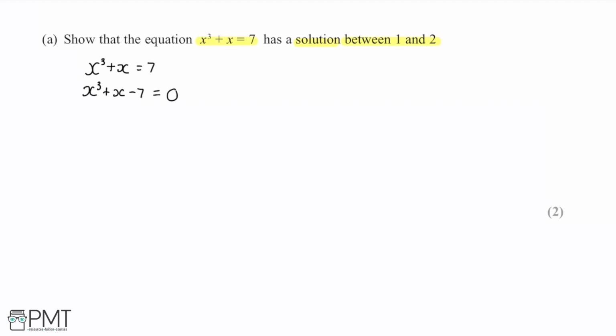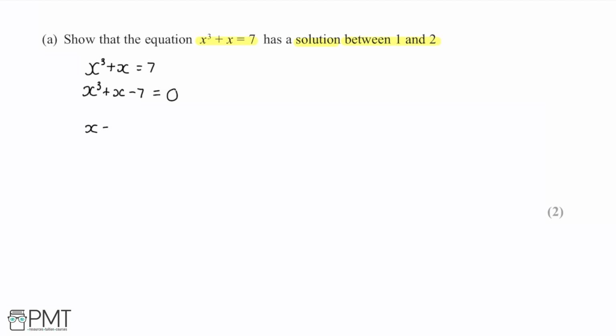And the way that we can do that is by subbing in the values of x equals 1 and x equals 2, so the bounds here, and looking at the values that we get out and seeing what they are in comparison to this 0 that we're looking for, where the root is, where the solution is.